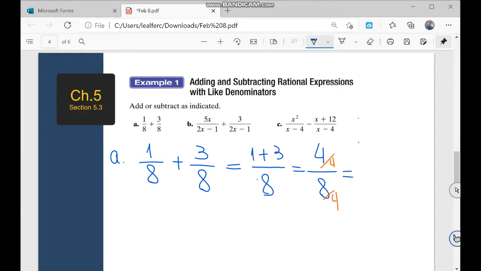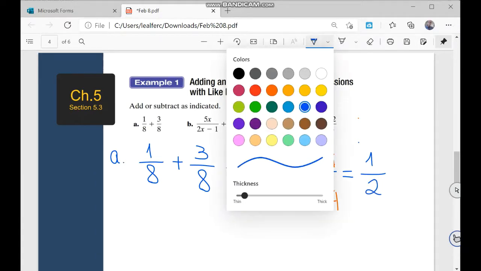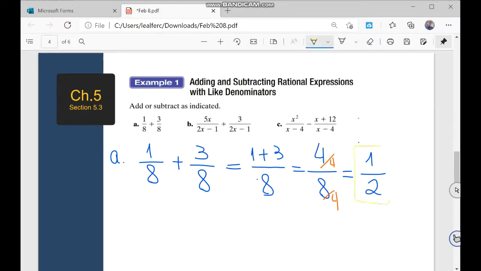That means the numerator will be 1 and the denominator will be 8 divided by 4, 2. That is the final answer. You always need to simplify, find the simplest expression.